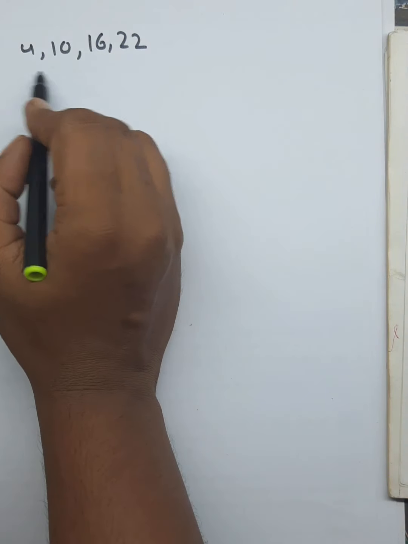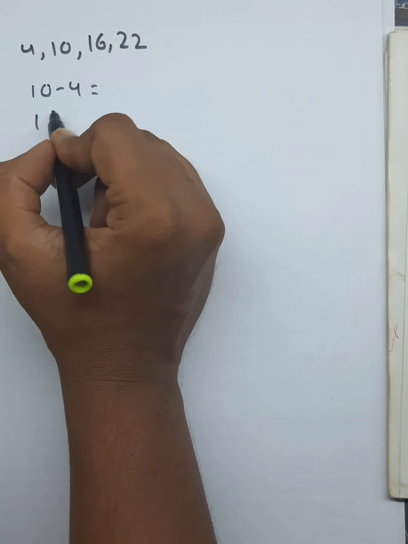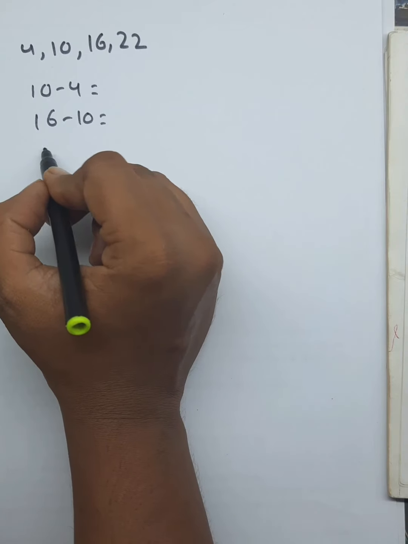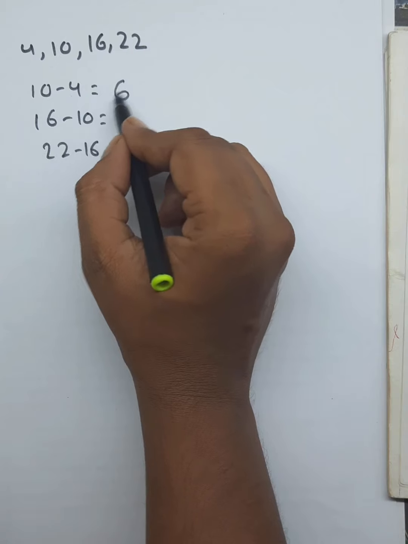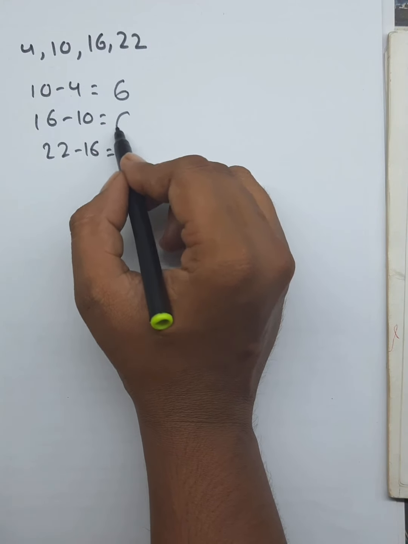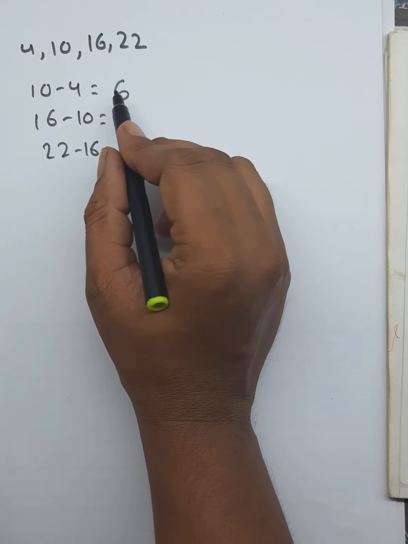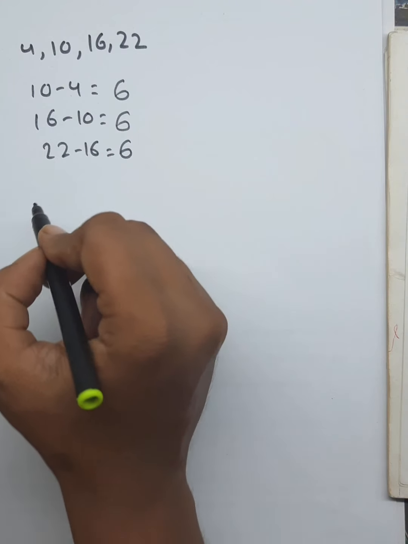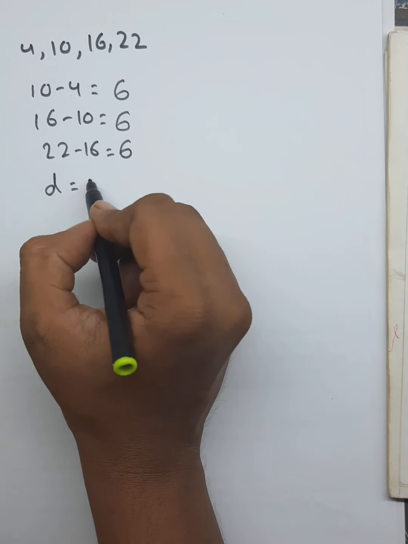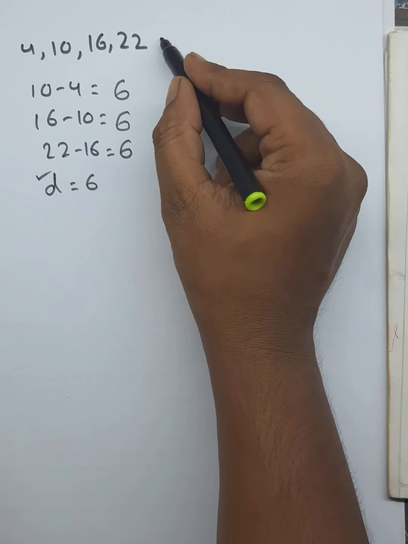We subtract: 10 minus 4 is 6, 16 minus 10 is 6, and 22 minus 16 is 6. In all these subtractions we get 6. Hence the common difference is 6, so this is in AP.